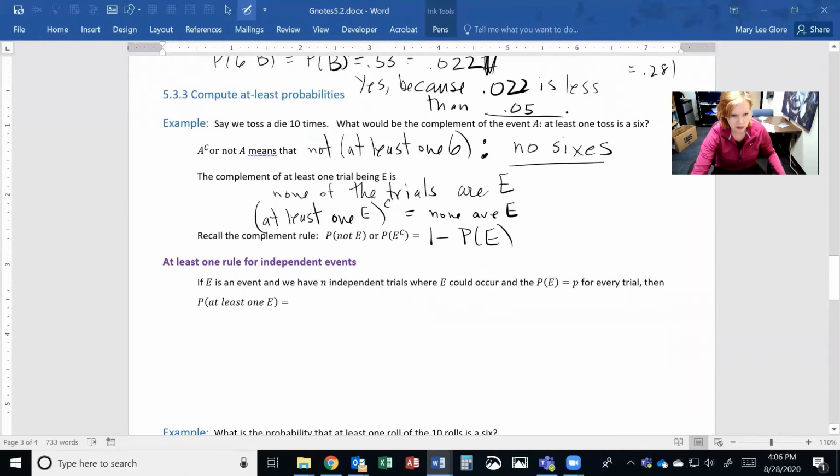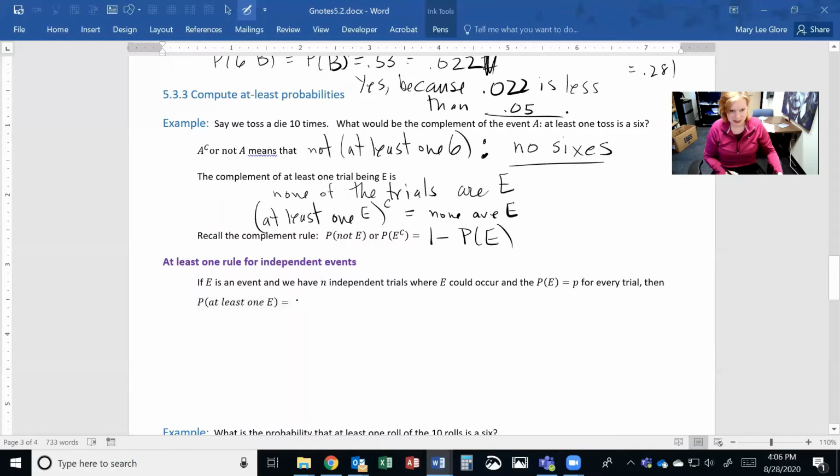So if E is an event, and we have n trials where E could occur in each of those trials, and I'm going to call the probability of E little p for every trial, then the probability of at least one E, by the complement rule, at least one E is not no E's.